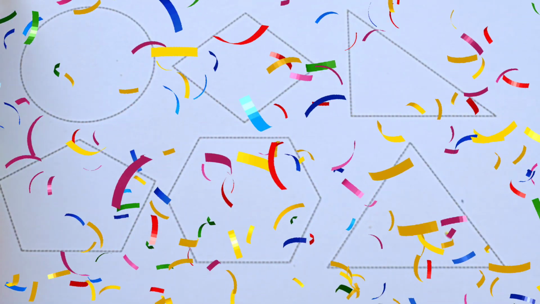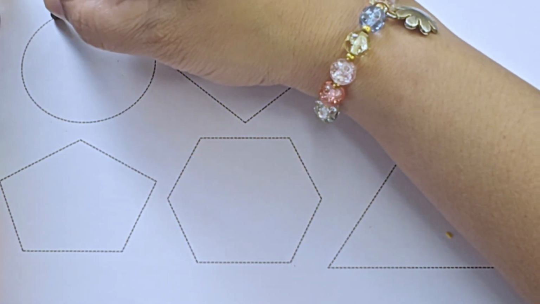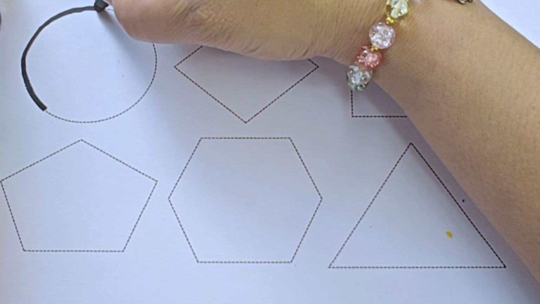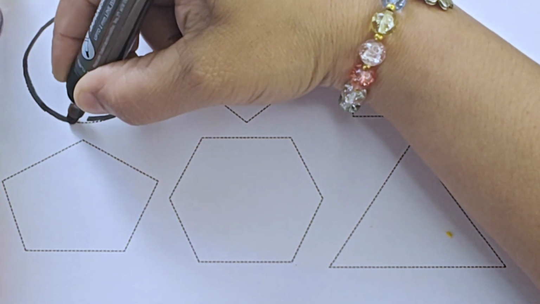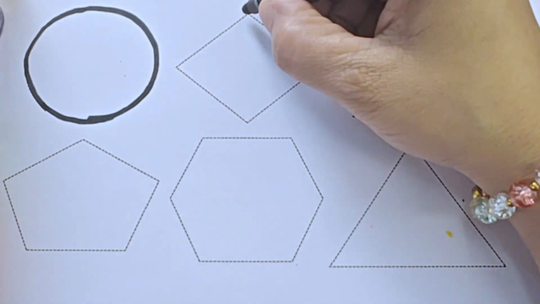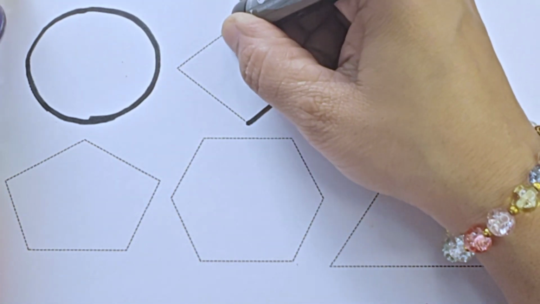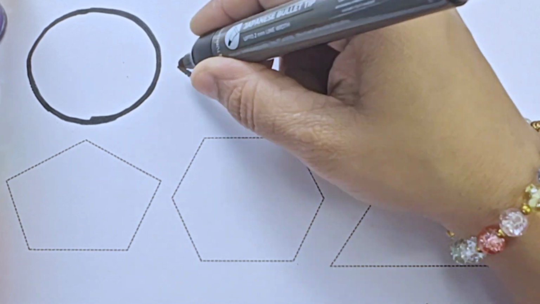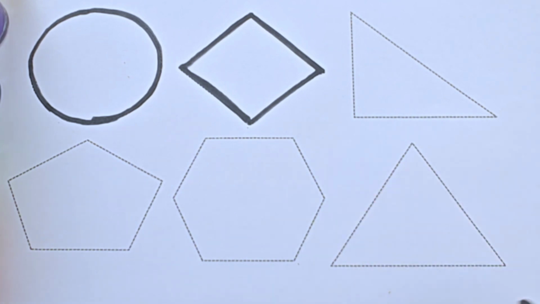Let us draw the shape. It is black color. This is circle. It is rhombus or diamond.